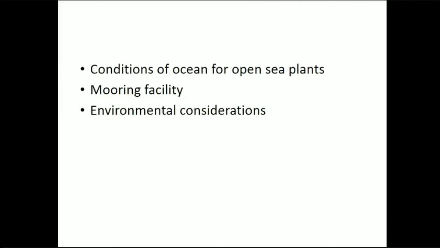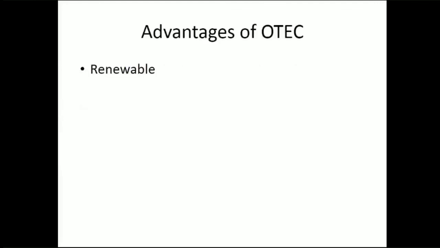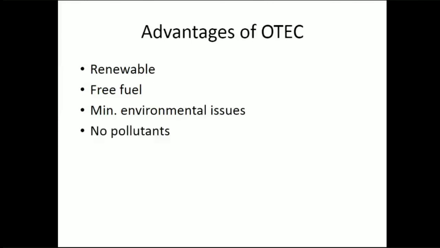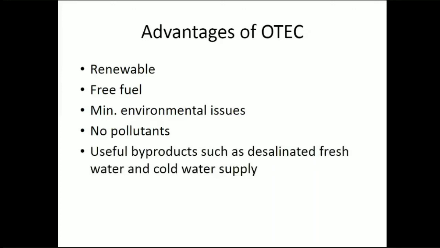The plant should not affect the environment much. Then the advantages of OTEC systems are it is renewable in nature, fuel is free in this case, it causes minimum environmental issues, it will not emit any pollutants, and it has some useful byproducts such as desalinated fresh water and cold water supply. Then fertile water supply also is there.